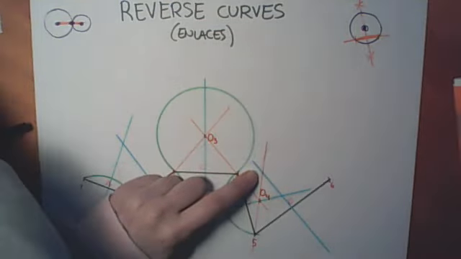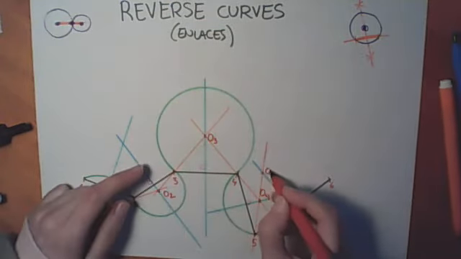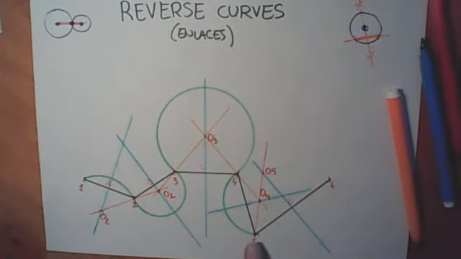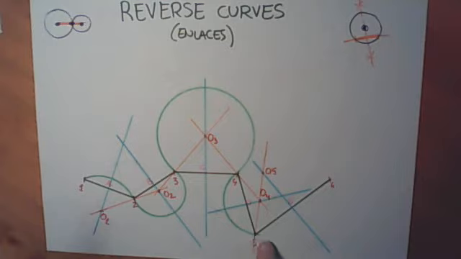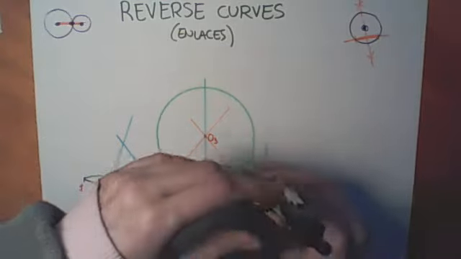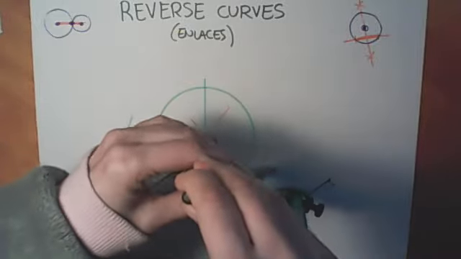Here I have my new center, O5, and I draw my arc. Remember, I told you that I need to draw the bottom part in order to make it smooth.